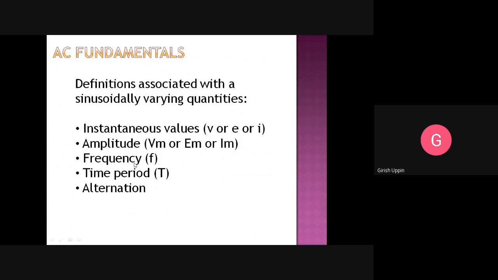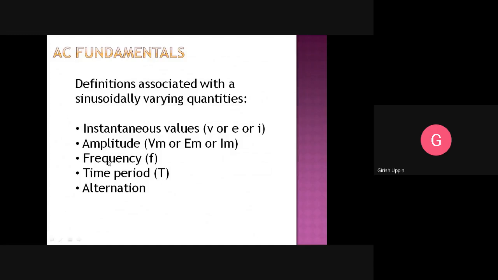Then frequency. What is the frequency? Number of cycles per unit time, per second, is called a frequency. So in your household, your supply frequency is 50 hertz. That means you have 50 cycles in 1 second.